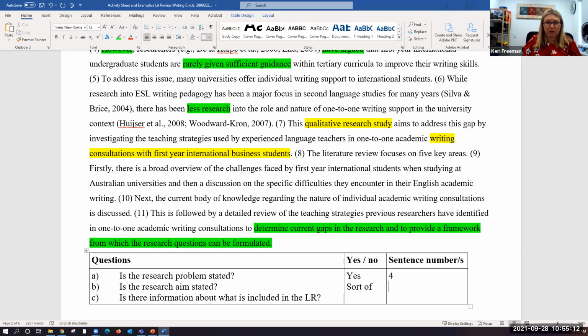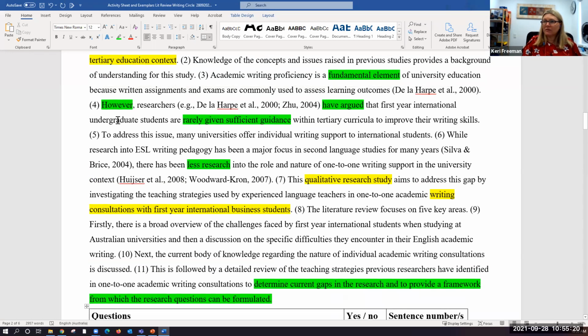The research problem is why we need to find out more information. Does that make sense? So the problem here is that undergraduate students, they're not given sufficient guidance within the curricula. So they go to all their courses, they go to their workshops and their lectures, but there's nothing in there to teach them how they're meant to be writing academically.